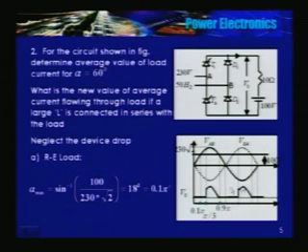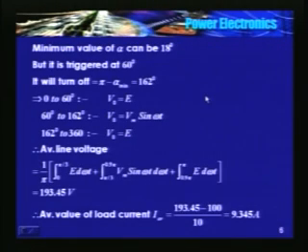So we need to find out the average value of this waveform. If I know the average value of this waveform, that is equal to I average into R plus E. KVL has to hold good, isn't it?